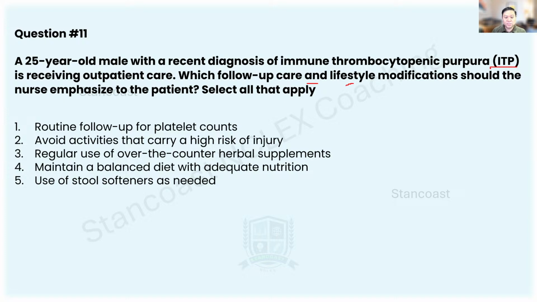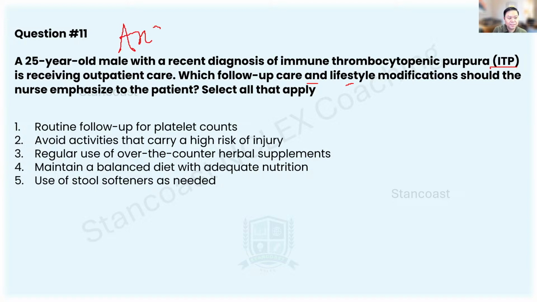Is it routine follow-up for platelet counts, or 2, avoid activities that carry a high risk of injury, or 3, regular use of over-the-counter herbal supplements, or 4, maintain a balanced diet with adequate nutrition? I'm seeing 1, 2, 4, 5. Those are the correct answers.